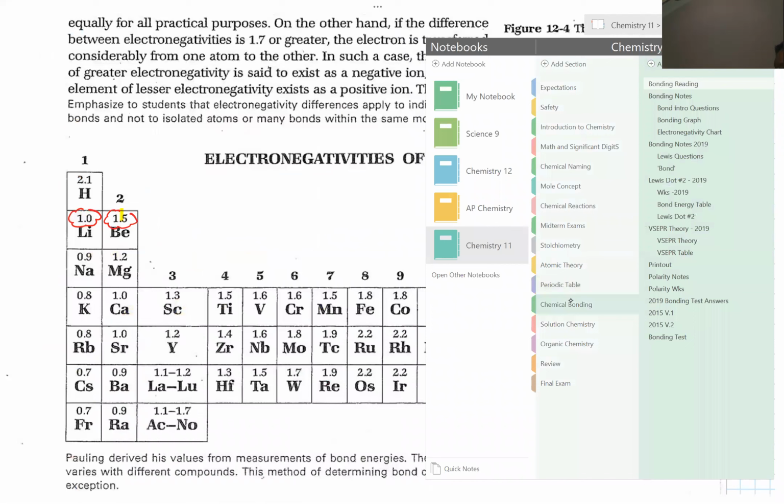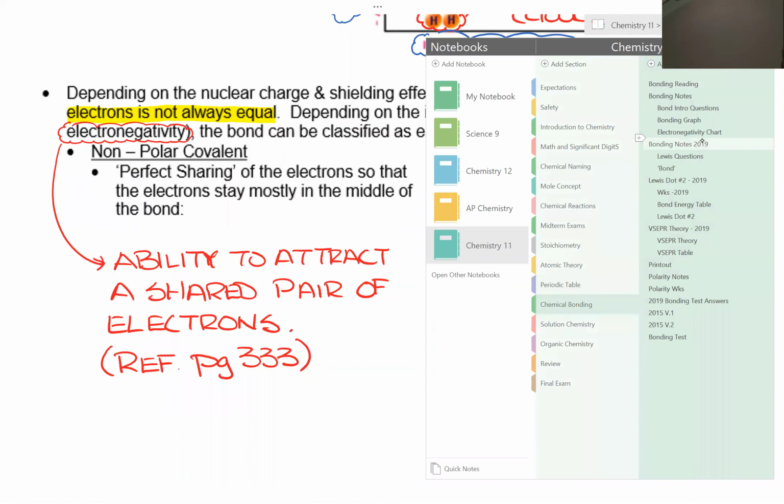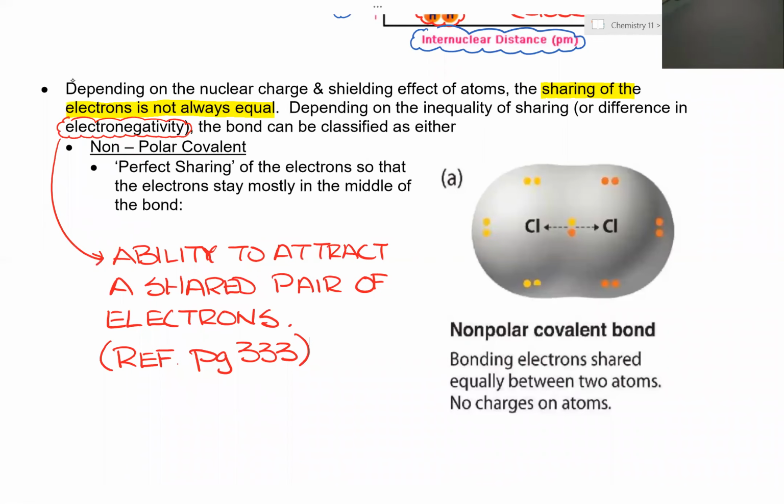Going back to our bonding notes, for nonpolar covalent, you have perfect sharing of the electrons, so the electrons stay mostly in the middle of the bond.